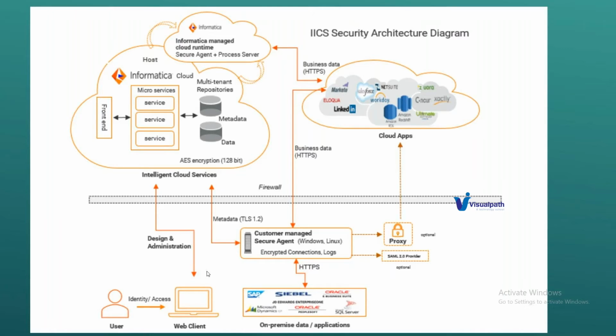They are using microservices, based on a microservices architecture. They have multi-tenant repositories, which store the metadata. They also handle the business data like Marketo, LinkedIn, Amazon Redshift, and all that, whatever data comes from cloud applications.